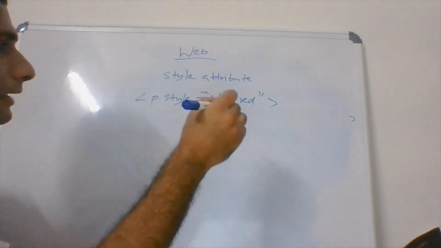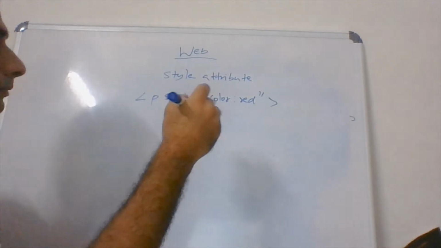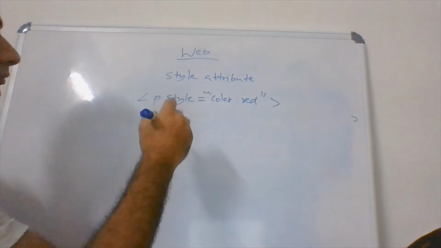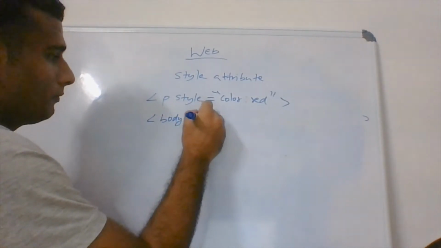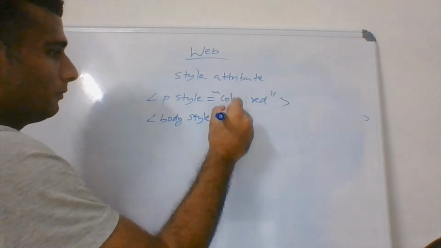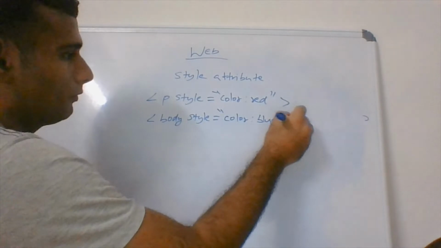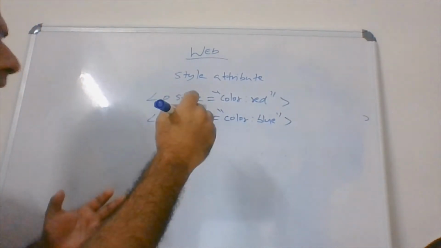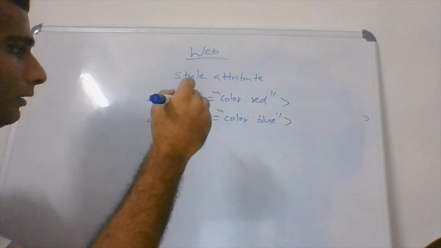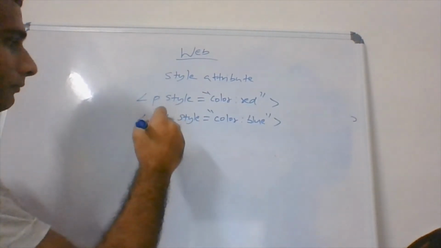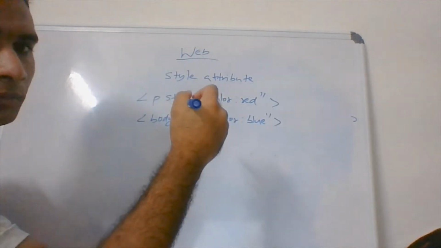So p style is equal to color red, which means we are assigning the value red color to the paragraph. Here we are using the style attribute in the body to assign the color blue to the body. So this is an example of style attribute.